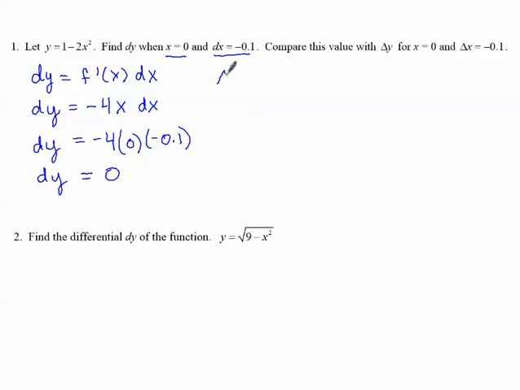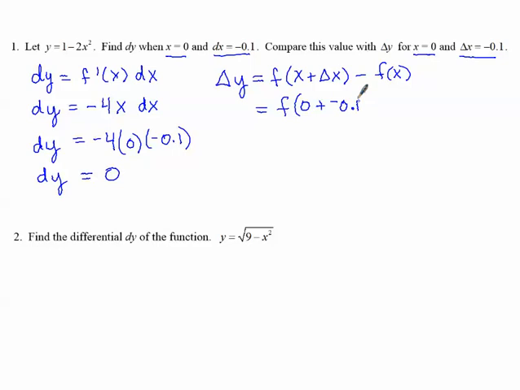Now let's find delta y. So we recall that delta y equals f of x plus delta x minus f of x. The x value is 0. The delta x value is negative 0.1. 0 minus 0.1 makes negative 0.1.